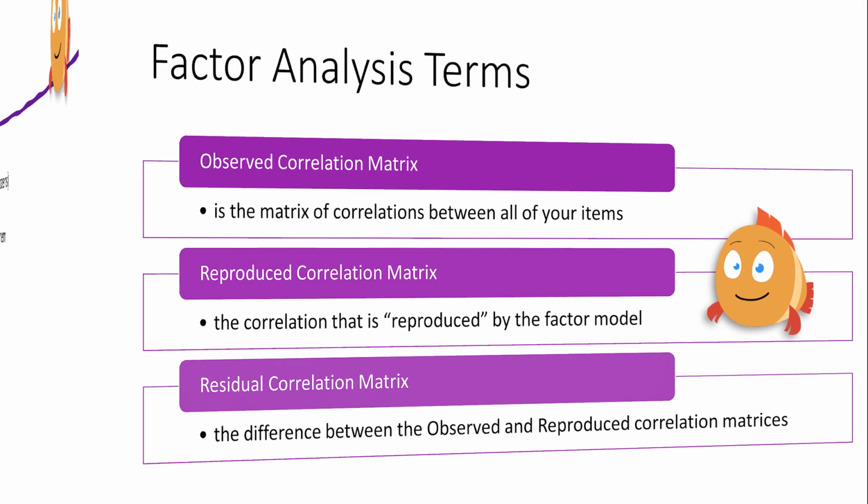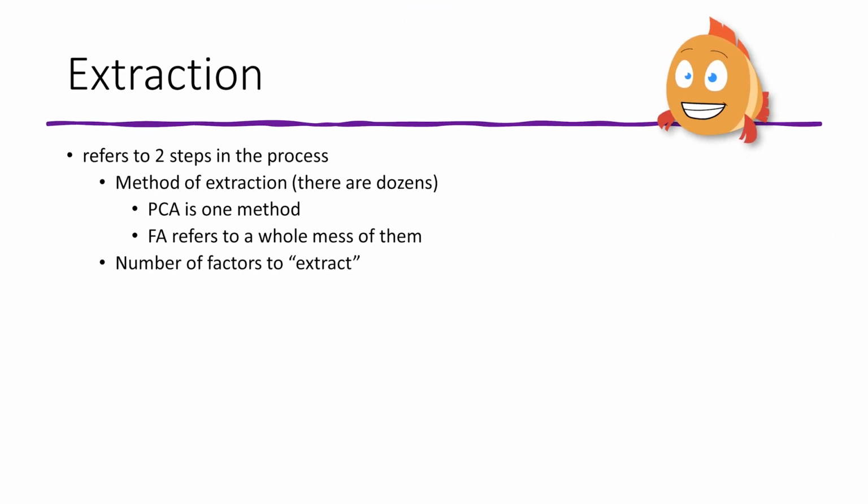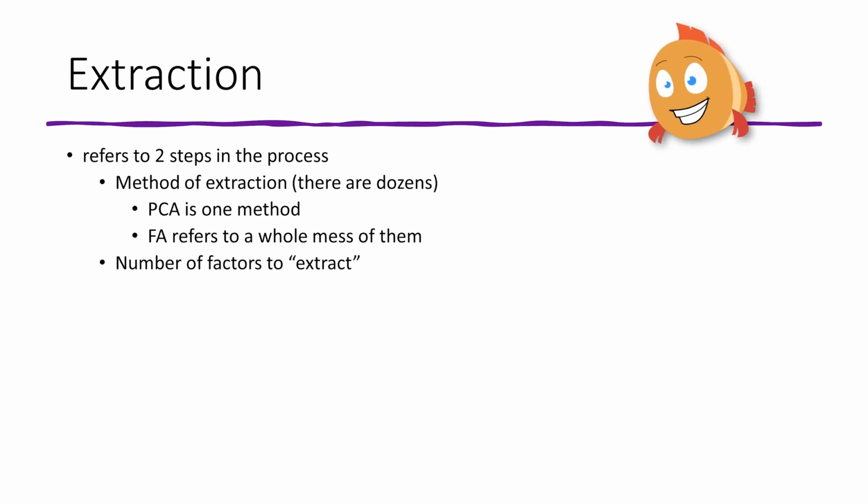So extraction refers to the two steps, or at least these two steps in the process. Step one is pick your method. It's whatever factor analytic or PCA method you choose. There are dozens of these, but this is the step where you fit your model. And the extract process is where you suck out the data, so to speak, from your model so you can use it on other things.